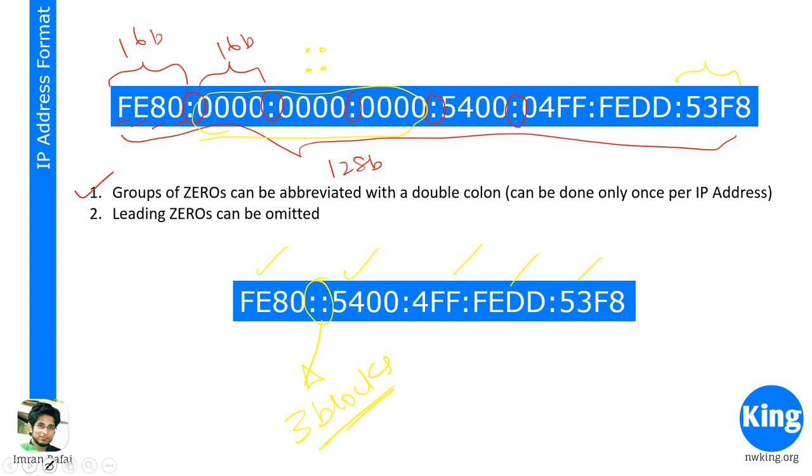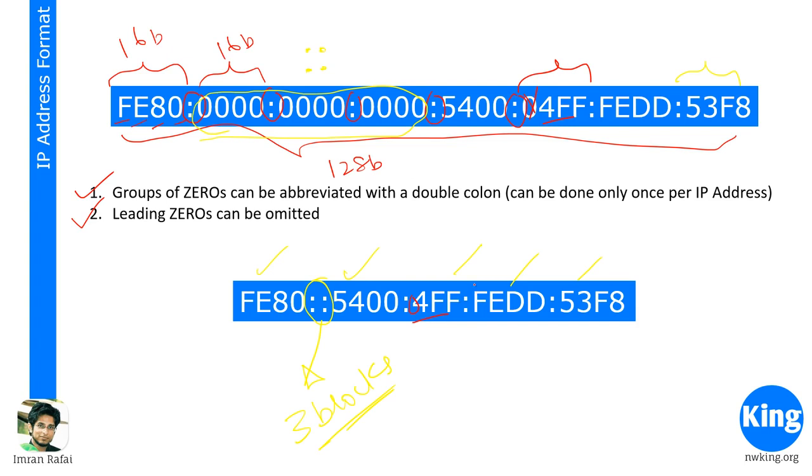Now what's rule number 2? Rule number 2 says you can drop leading zeros. For instance, this number 04FF, the leading zero can be dropped. So you can write only 4FF. That's what is here, 4FF, nothing but 04FF, right?